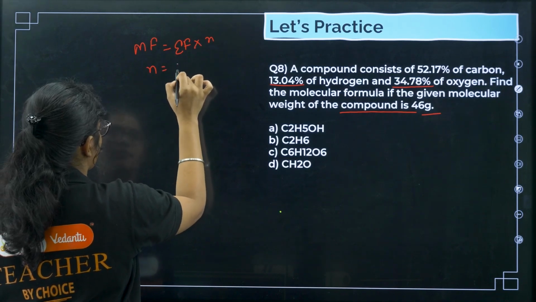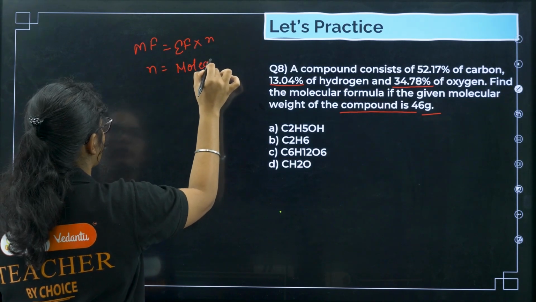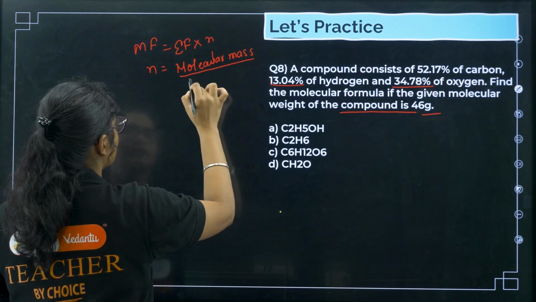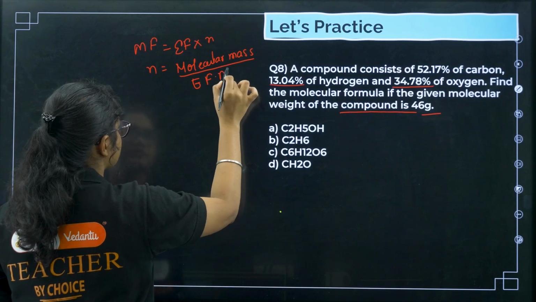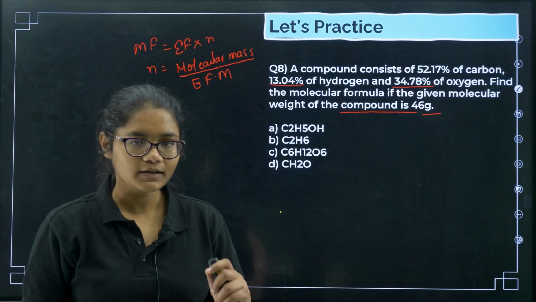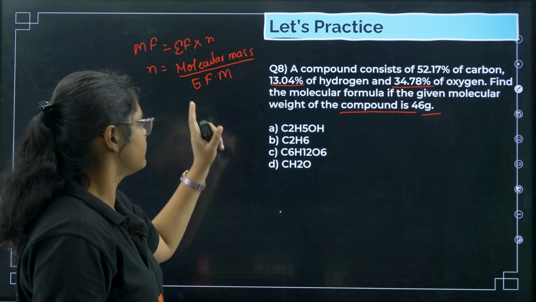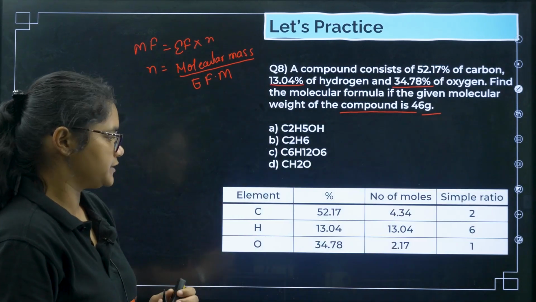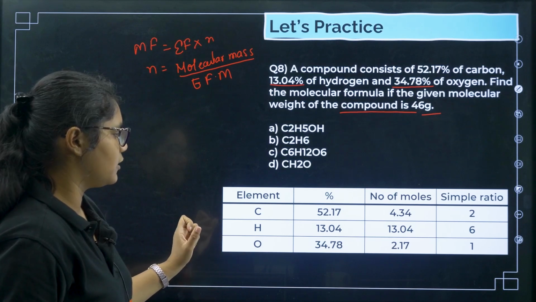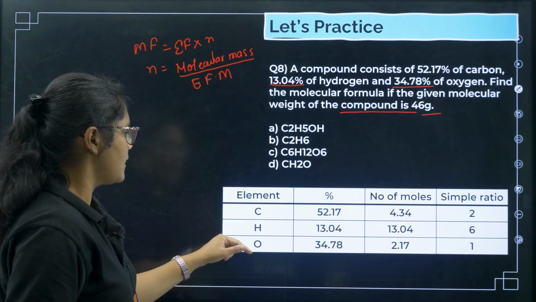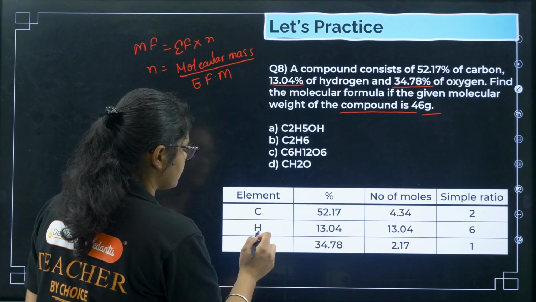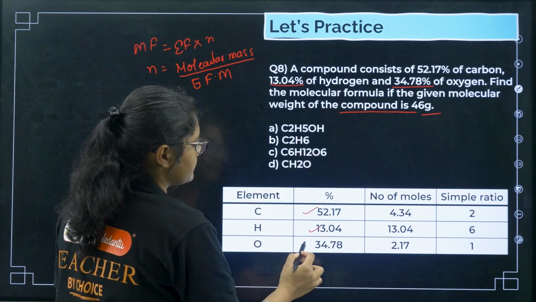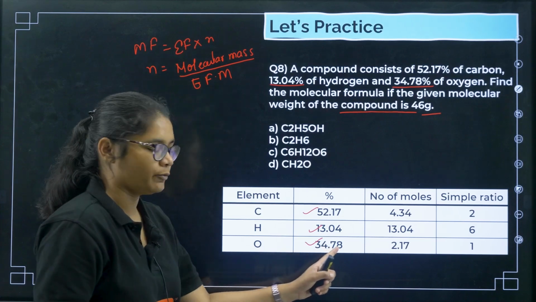N is your molecular mass divided by empirical formula mass, okay, understood? So let us try this question now. First thing is to calculate empirical formula, as we have just discussed in the previous question. So if you see, what we have got here, we have got carbon, hydrogen and oxygen. Carbon percentage is 52.17, hydrogen is 13.04 and oxygen is 34.78.